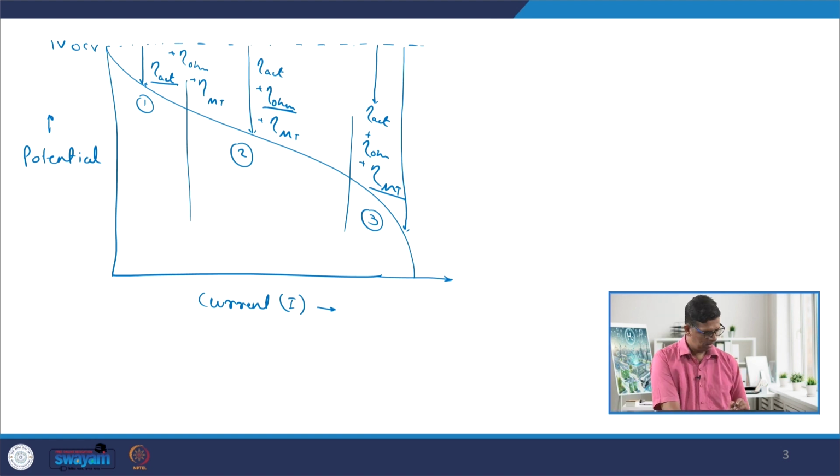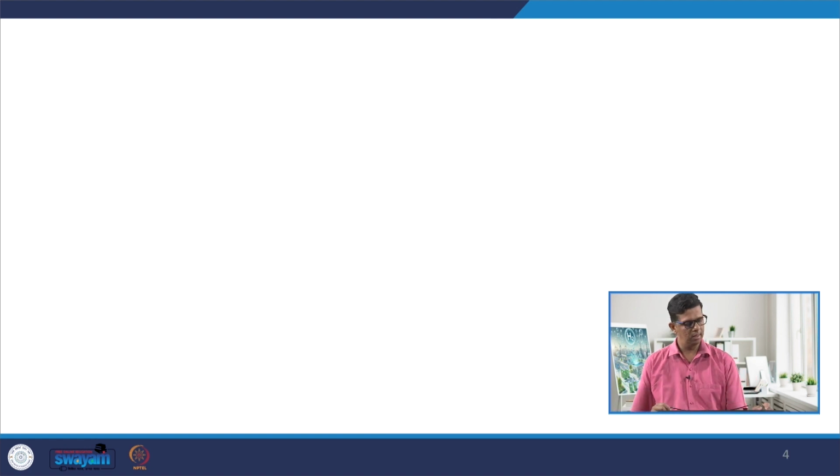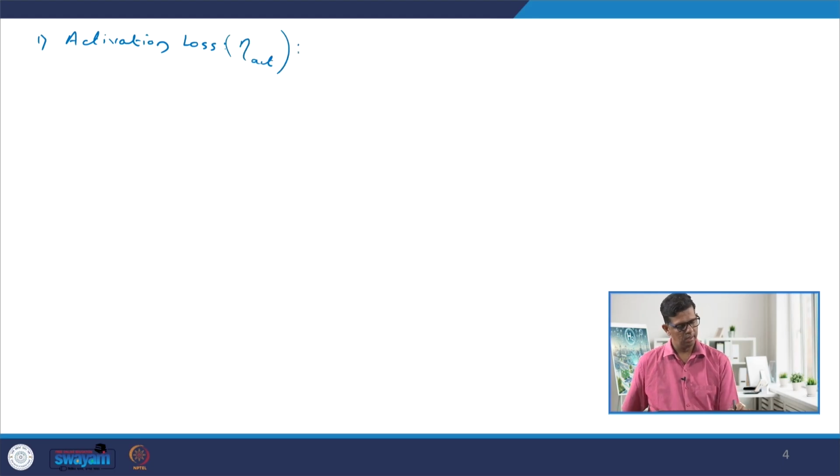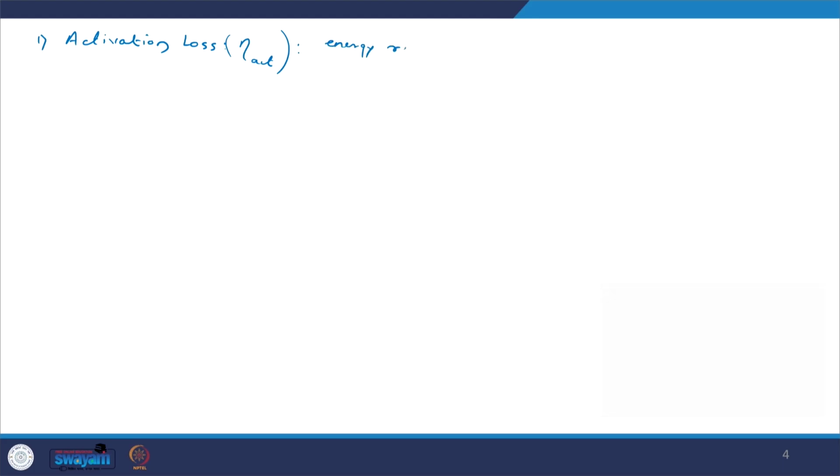So, let me write what this activation loss means. Activation loss is basically denoted by eta activation, and it is basically the energy required to kickstart the reaction at respective electrodes.